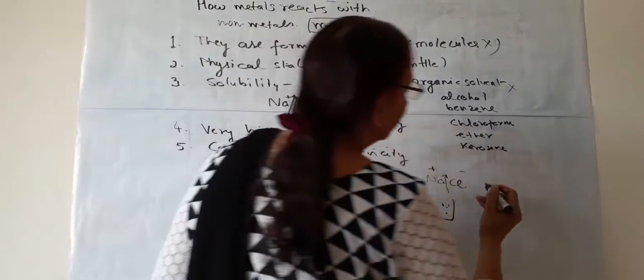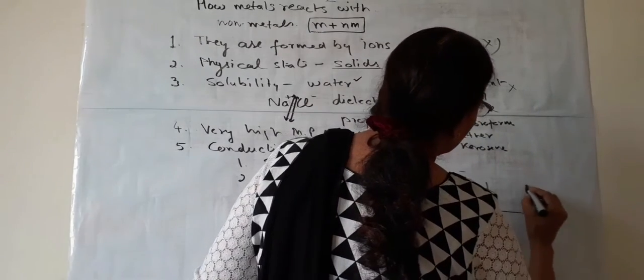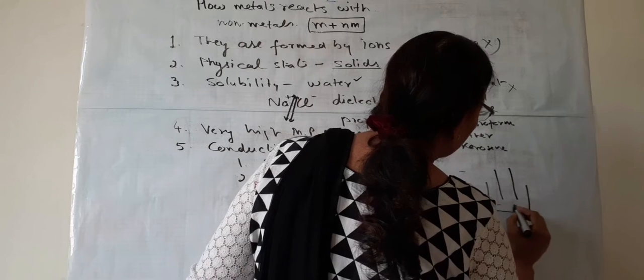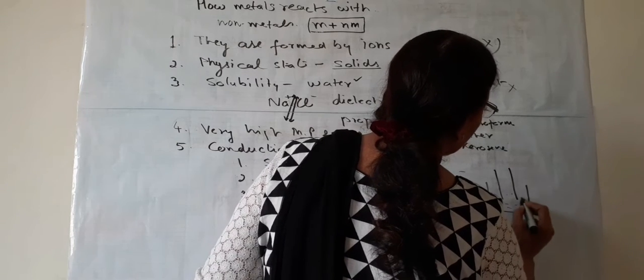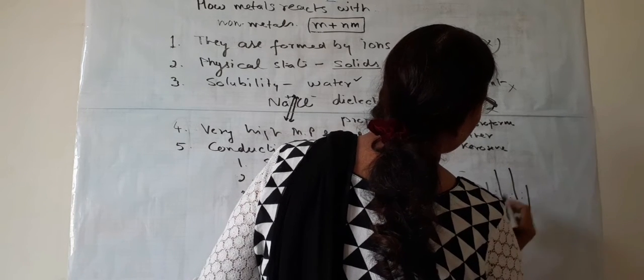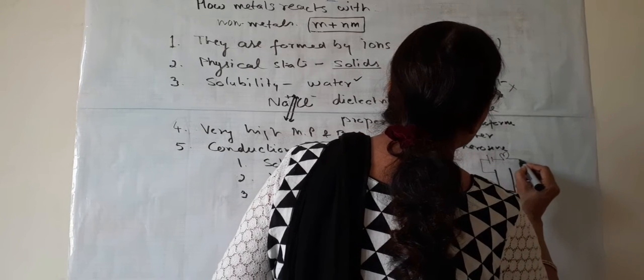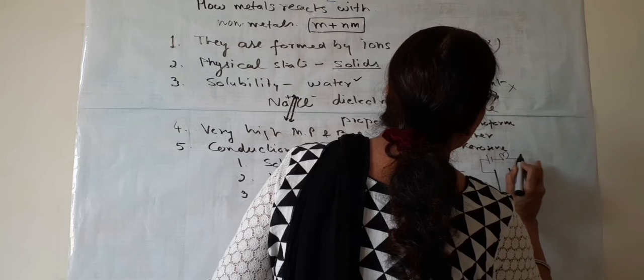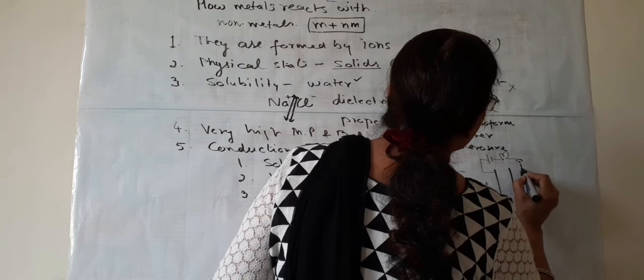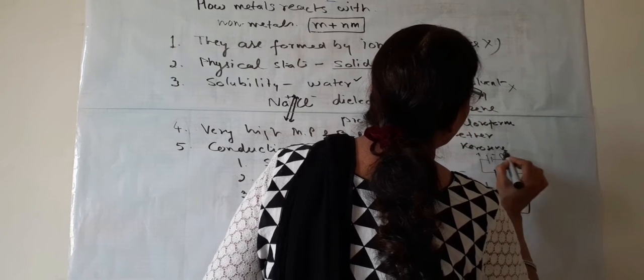We can have an experiment. Suppose these are two electrodes. This is NaCl solution, and it is connected with a bulb in an electric circuit. What will happen?